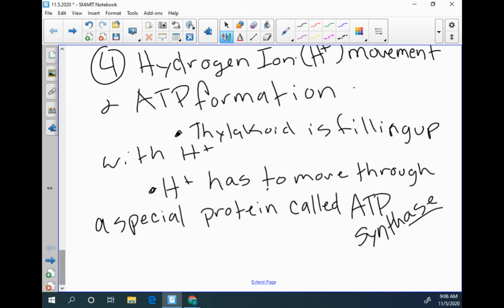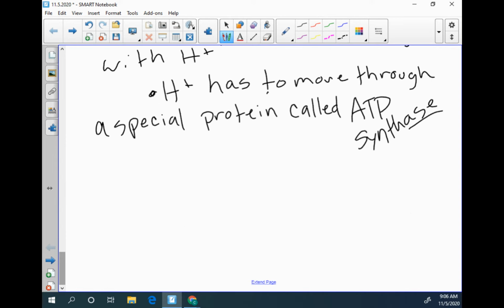Our hydrogen ions will move through our ATP synthase to get out. And as ions pass through, ATP synthase uses that energy to turn ADP into ATP.